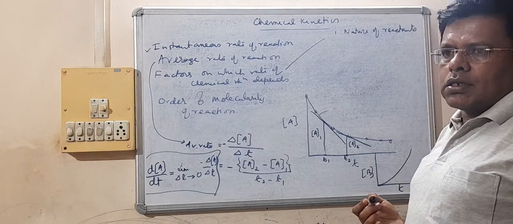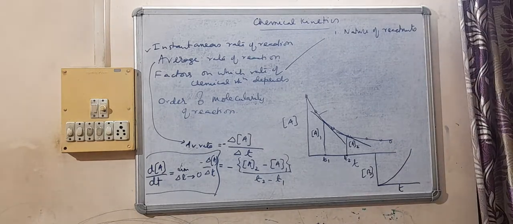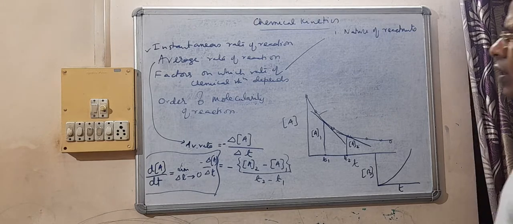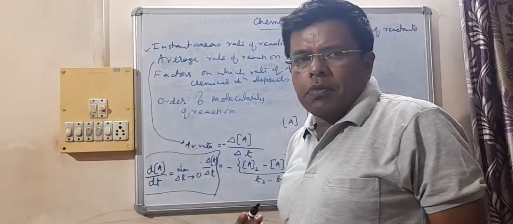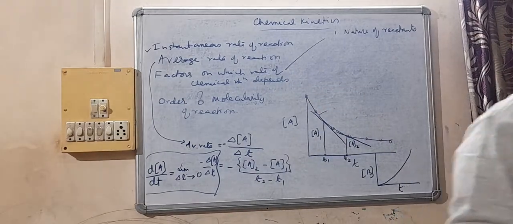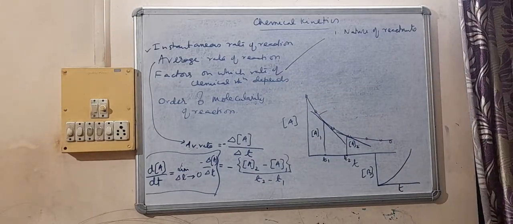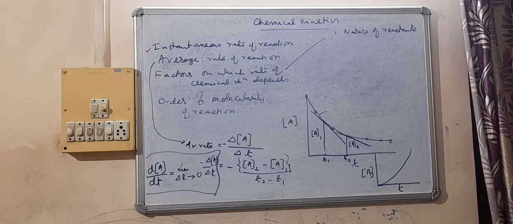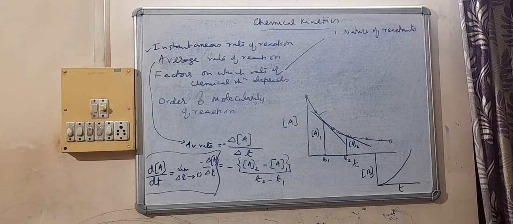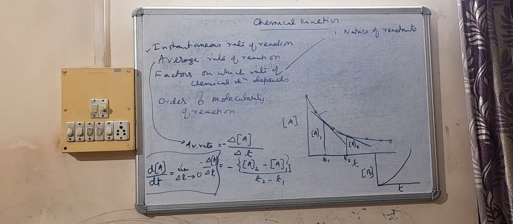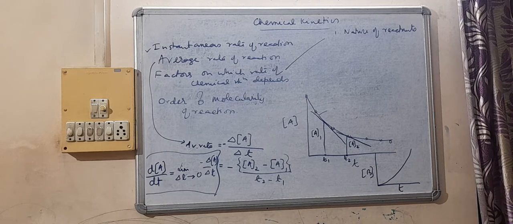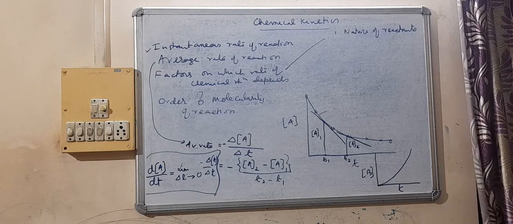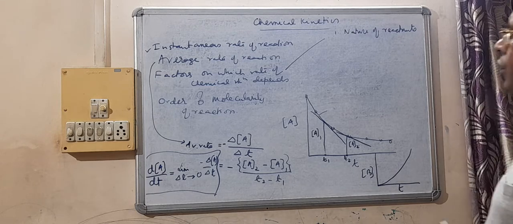Depending upon the reactants, rate of a reaction depends. For example, suppose burning of coal, where coal is the reactant, and burning of petrol, where petrol is the reactant, and burning of petrol is much faster than the burning of coal. So in this way, it depends on the nature of the reactant.